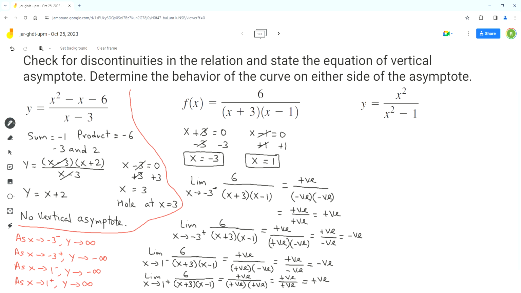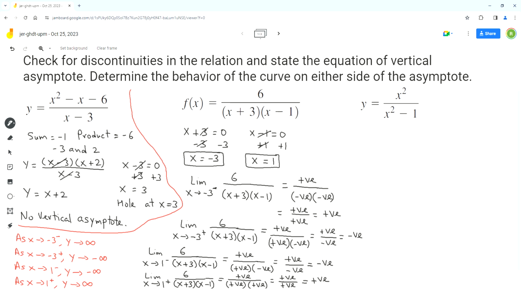Now we can analyze the third function. This function is also a rational function. There is no hole in this function because there is no factor in the numerator and the denominator that can be cancelled out. So we should start by factoring the denominator. For this denominator, we can use difference of squares.